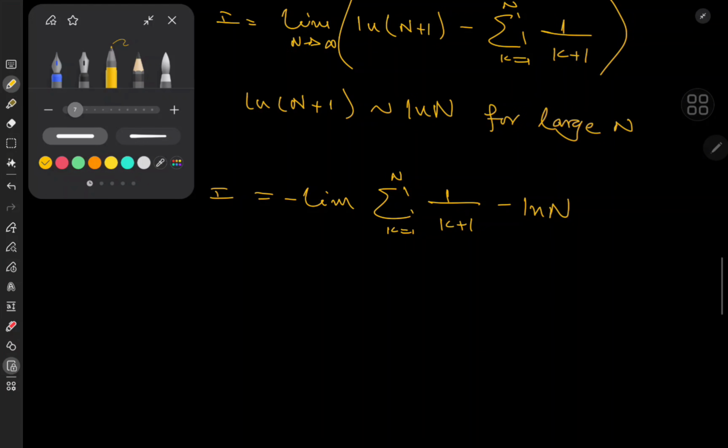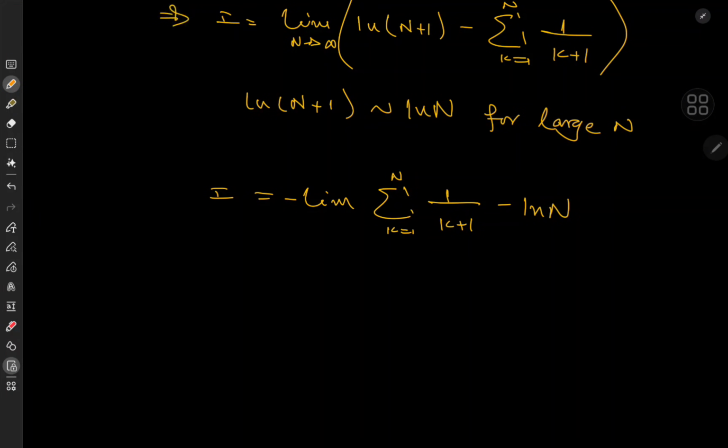How so? Let me just add a 0 here. This thing could be expanded as the sum over k from 1 to n of 1 over k plus 1, plus a 1 over 0 plus 1, which is one term, and subtracting a 1.